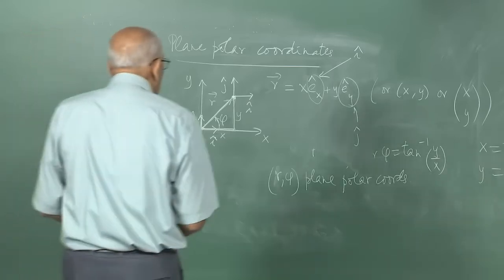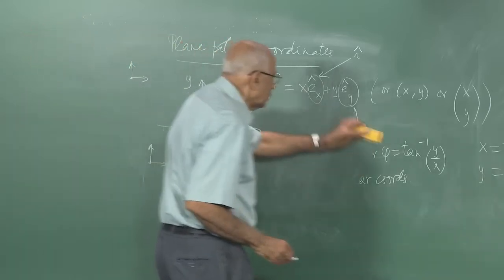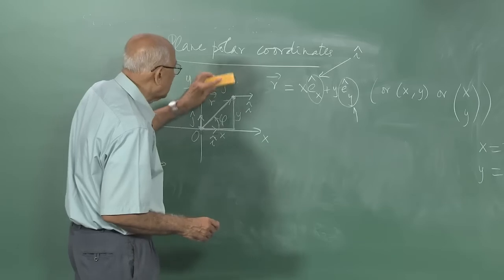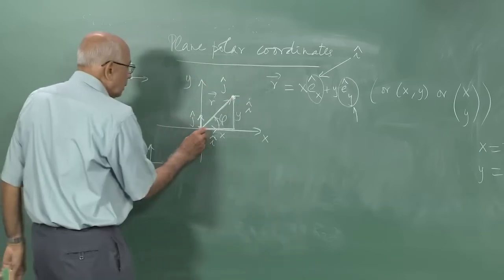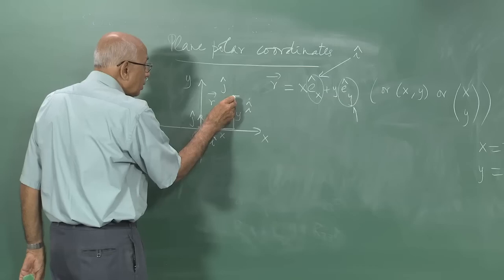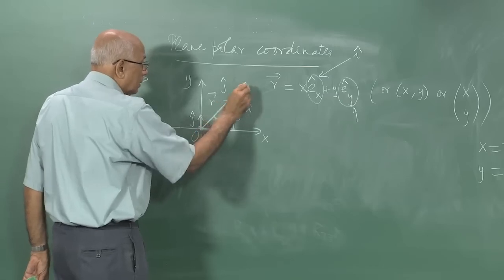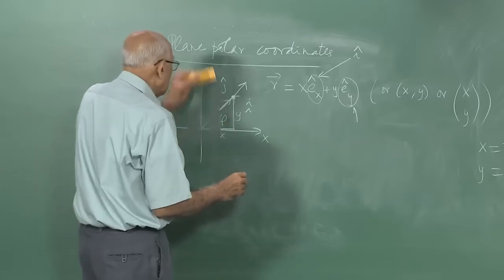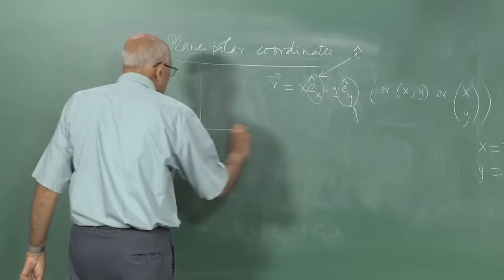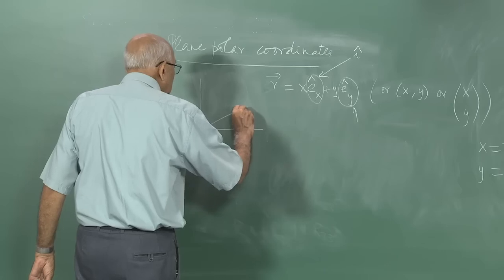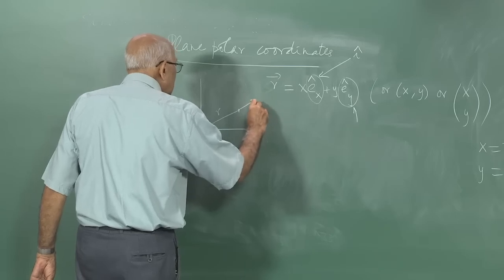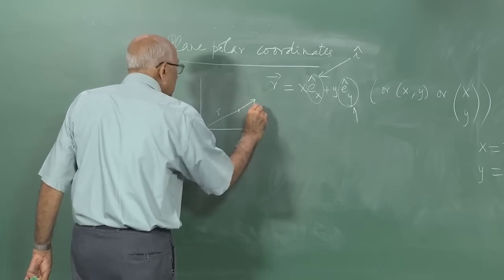Okay. What would you write for r in terms of a unit vector in the radial direction? Well, the magnitude here is little r without a vector symbol, and the direction of this position vector is this. So there is a unit vector here, and let me draw a neater figure. So for an arbitrary point at distance r, there is a unit vector in this direction which I should call e subscript r.